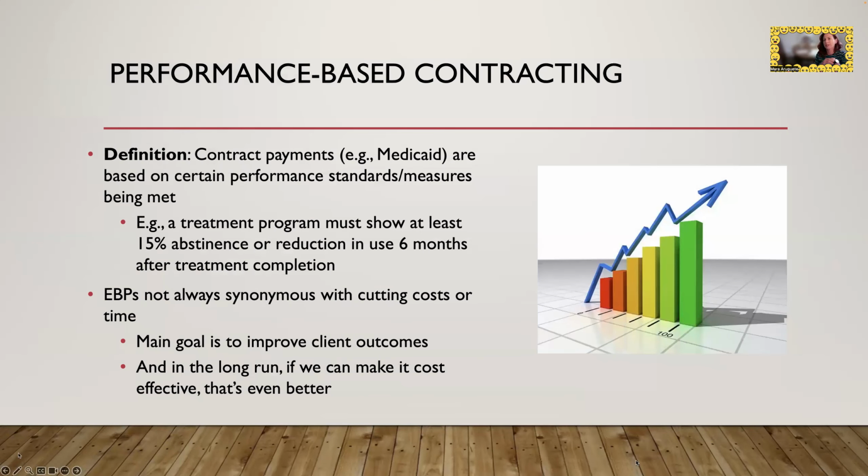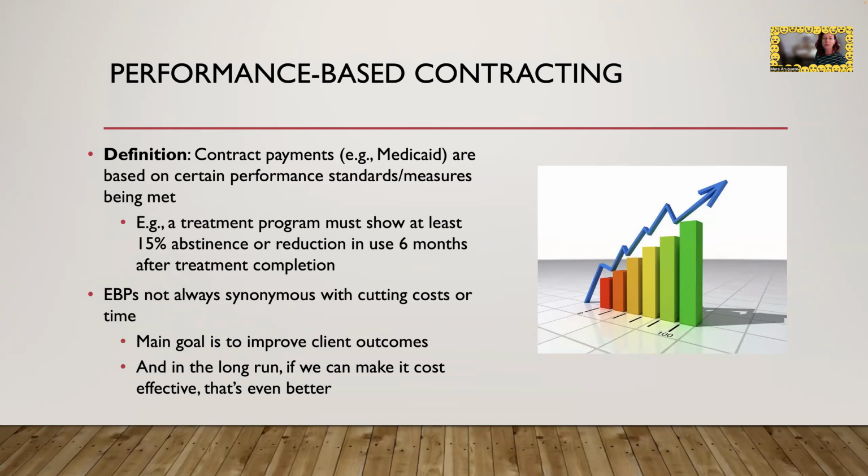Okay, one of the ways in which policy makers have enforced evidence-based practice is called performance-based contracting. And this is the idea that a funding source, like, for example, Medicaid, which you remember is government-sponsored health insurance for the poor, will say, we're only going to reimburse for Medicaid in your clinic if certain performance standards are met.